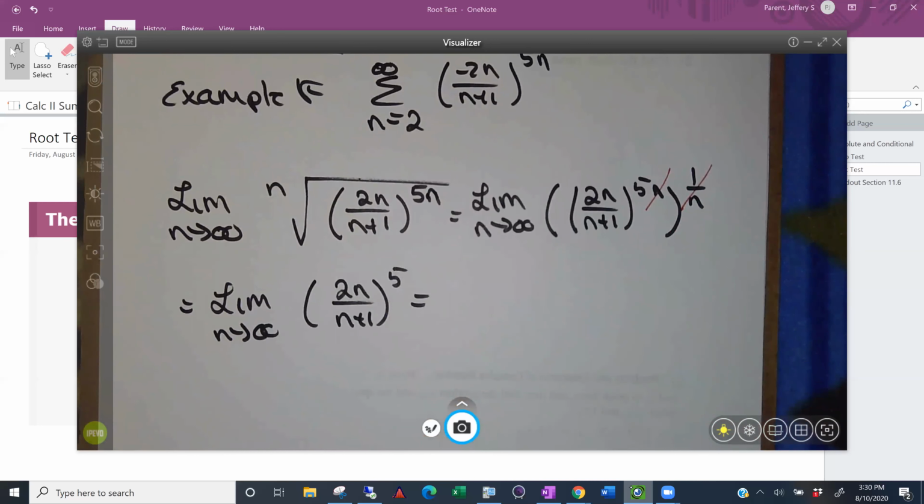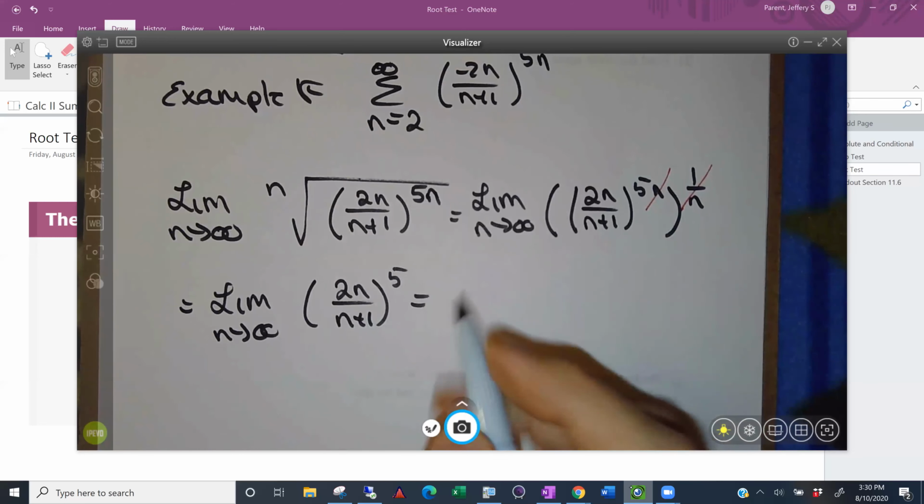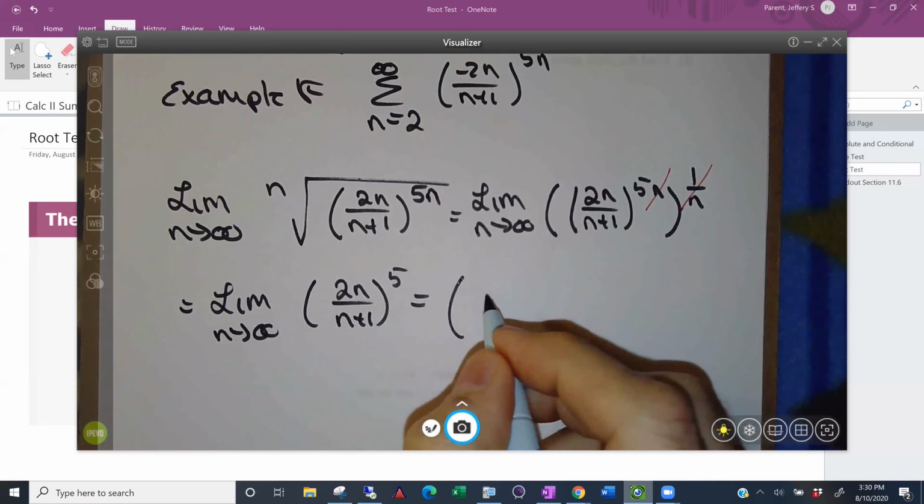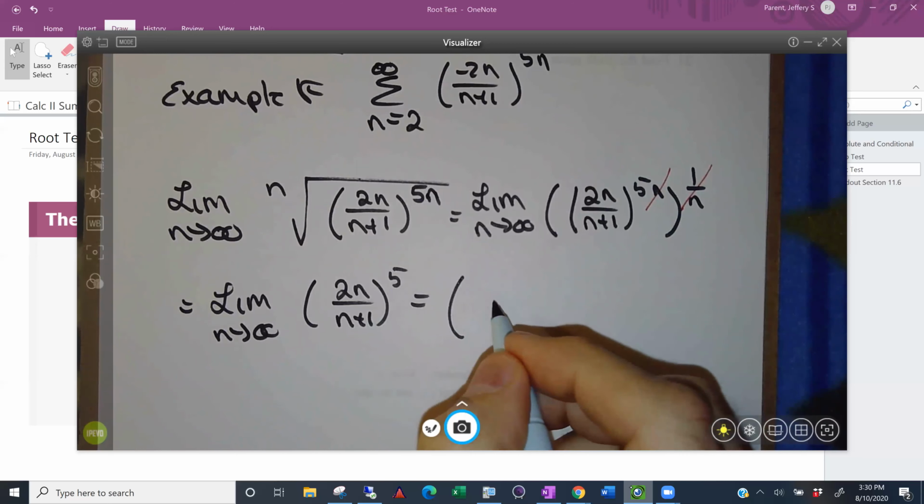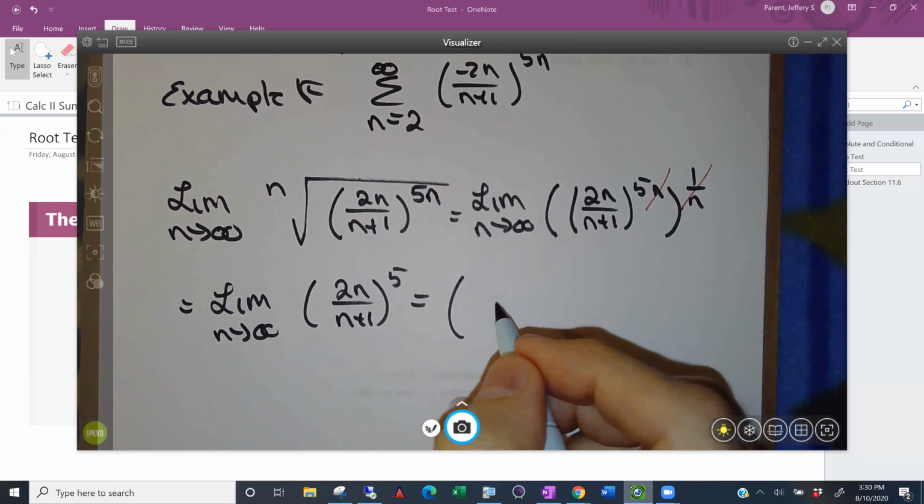Okay, well, what's going to happen with that? What's that limit going to be? Is that 2? Okay. 2 to the 5th? Yeah, it's going to be 2 to the 5th power.